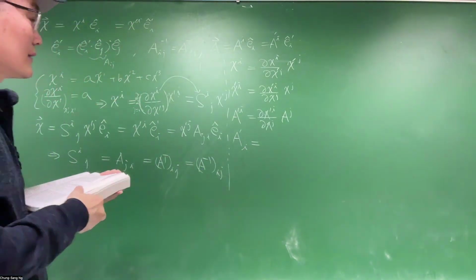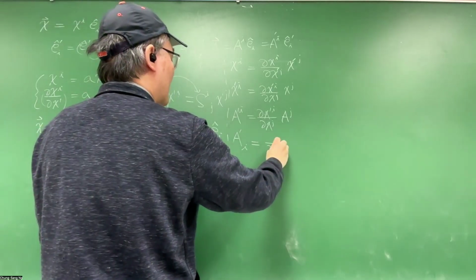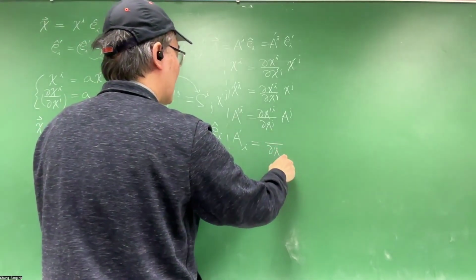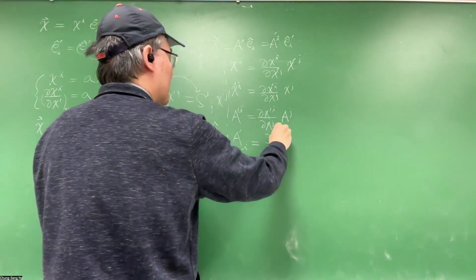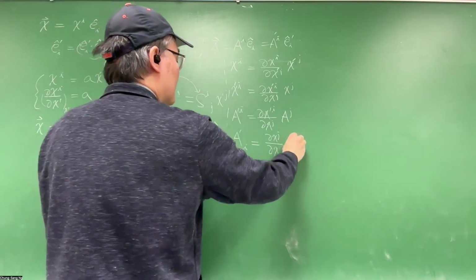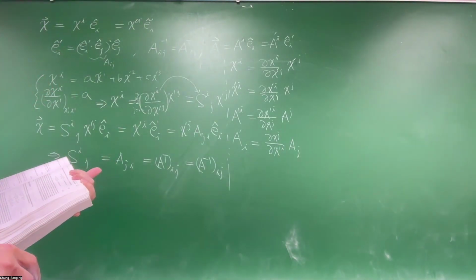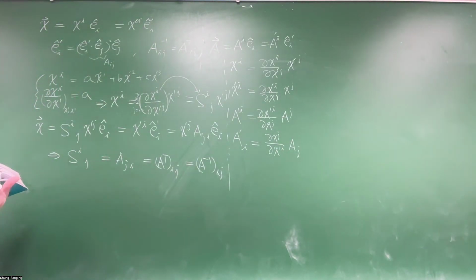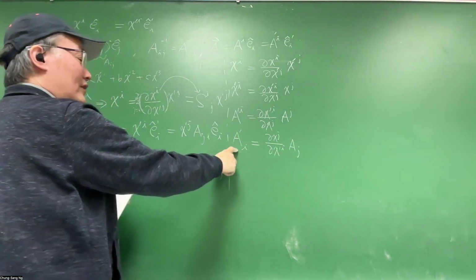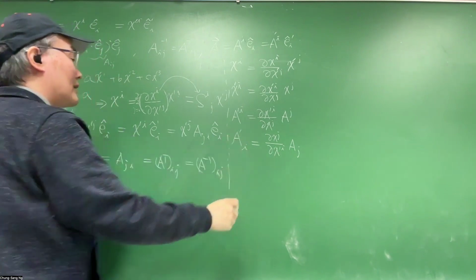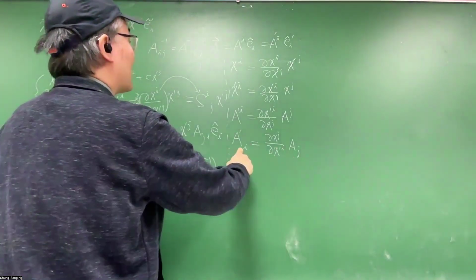It transforms like i is in the denominator, pi of i partial x. This is when you write a vector with a subscript component, it transforms like that.